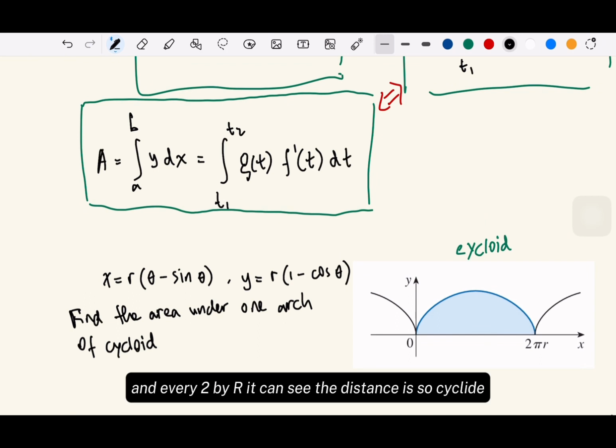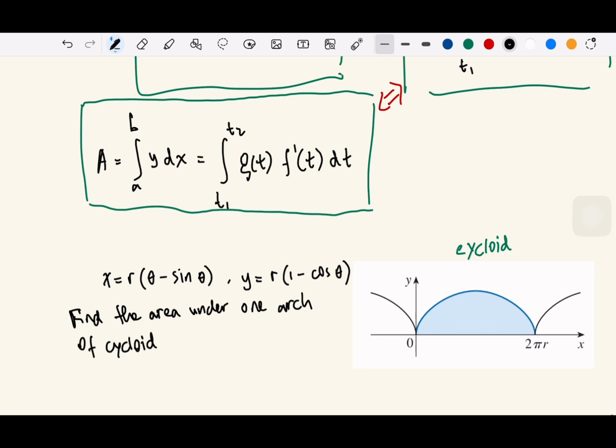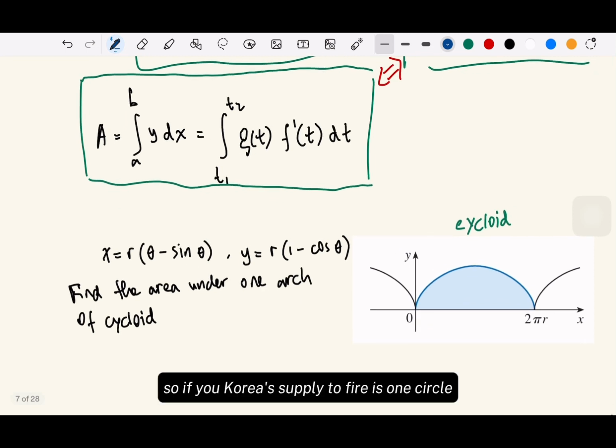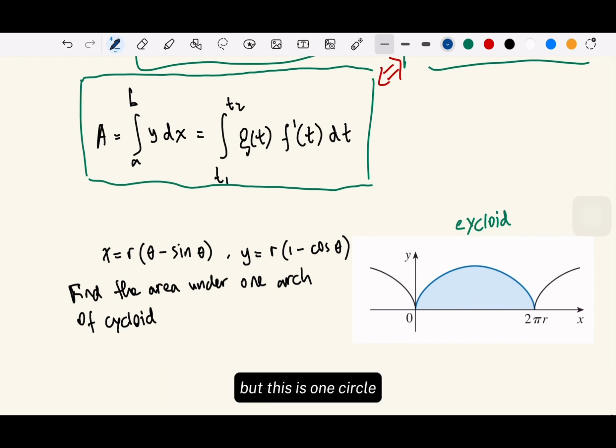And every 2 pi r, it means that the distance is, so cycloid, if you're curious, 2 pi r is one circle, the distance of one circle.